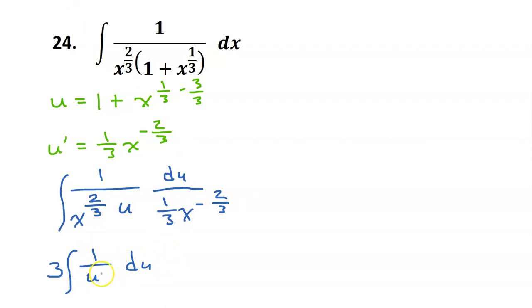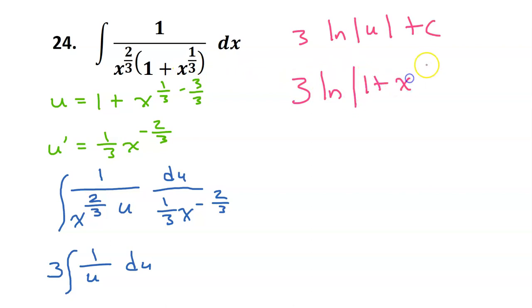So we know that the integral of 1 over u is the natural log of the absolute value of u plus c. u was 1 plus x to the 1/3 power. So this gives us 3 times the natural log of 1 plus x to the 1/3 power plus c.